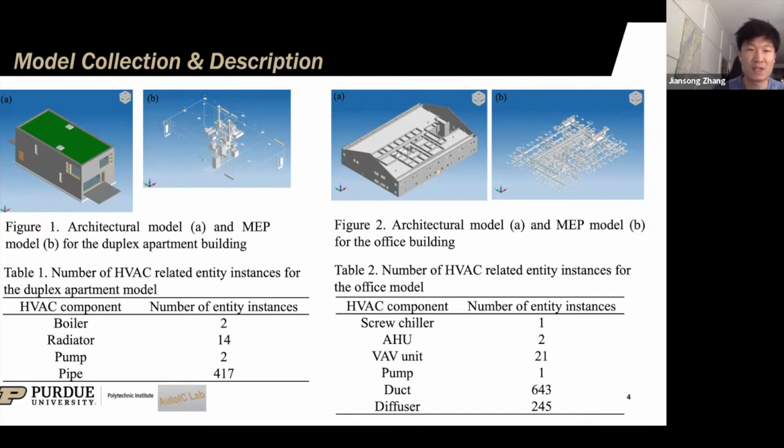The first one is the architecture model, defining the geometry, and the second one is the MEP model, defining mechanical, electrical, plumbing systems. And we summarized the number of HVAC-related entities in Table 1 and Table 2 for the 2 models respectively. As you can see, the duplex apartment model has boiler, radiator, pump, and the office building model has screw chiller, air handling unit, VAV unit, etc.